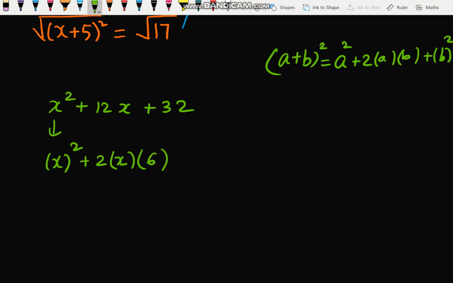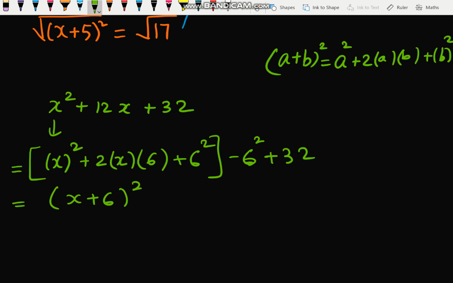So I got my a, which is my x. I got my b, which is my 6. So b square is what? 6 square, right? This completes my square. 6 square is additional. I cancel 6 square. Then again I write plus 32, which was originally given to me. So now this question becomes x plus 6 the whole square.